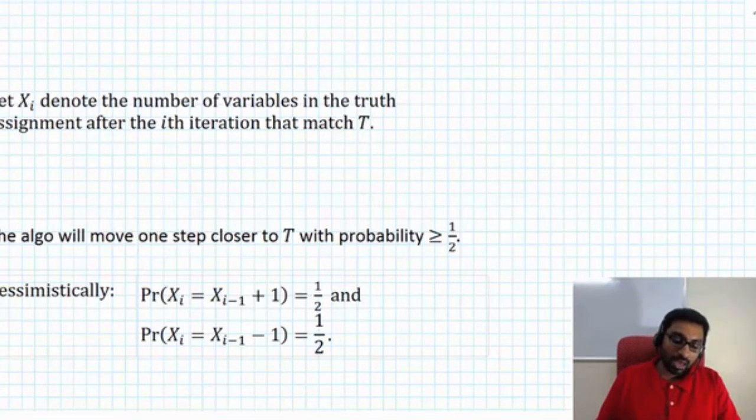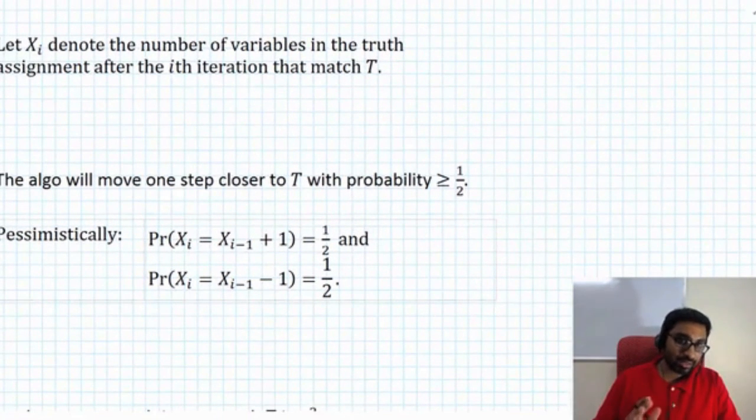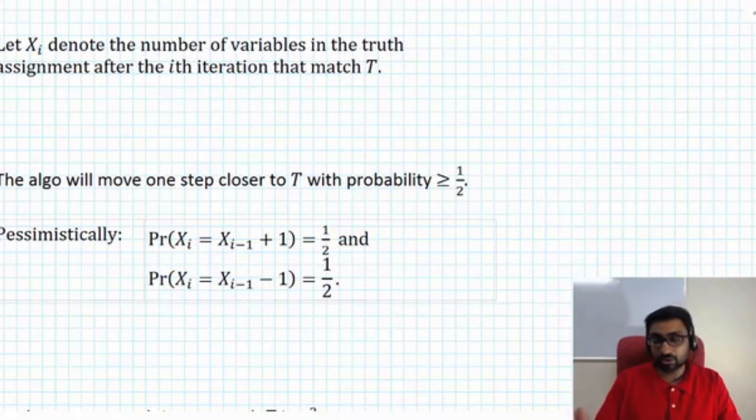So at time step i, xi denotes the number of variables in which our current truth assignment matches the assignment T. We've already seen that the algorithm will move one step closer to T with probability greater than or equal to half.